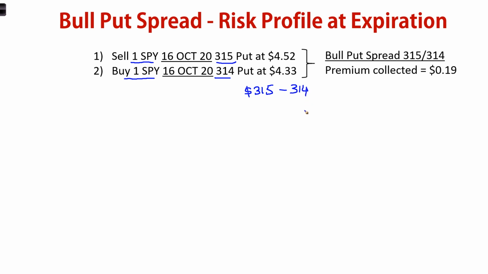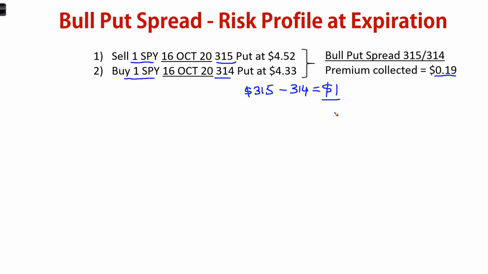So can you see the whole picture? You buy 100 shares at 315 and then you sell 100 shares at 314 if the price of SPY crashes below 314. And what it means is that you will have suffered a loss of $1 per share, and multiplied by 100 shares, that is $100. Now let's not forget that you have the premium collected previously, so this will offset your max loss.